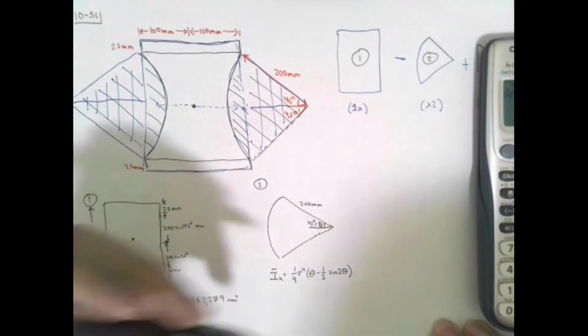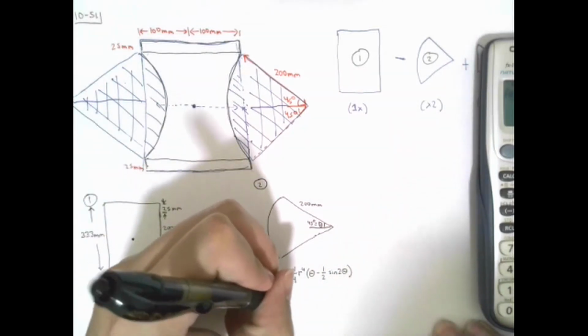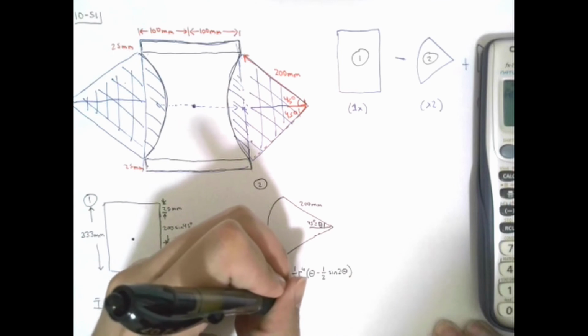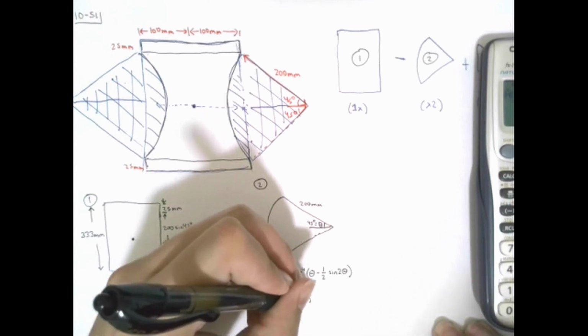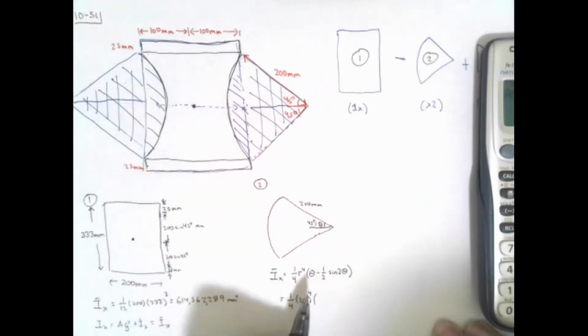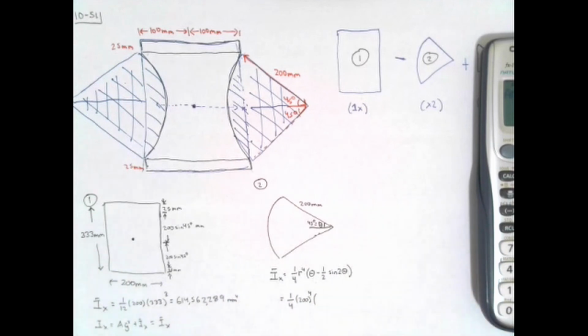So we can now find the moment of inertia about the centroidal axis, 1 over 4. My radius is 200 to the power of 4. Be careful here. 45 degrees has units that do not match any of this, right? So we need to write our angle as a dimensionless number.